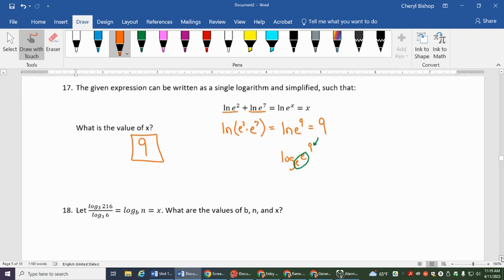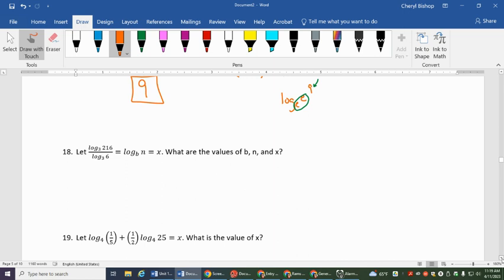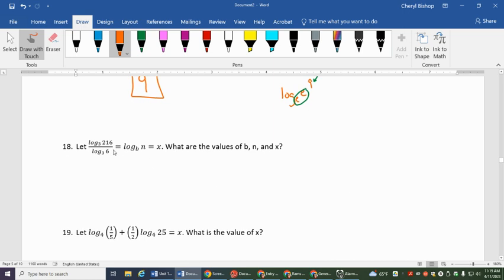All right, let's look at 18. So this I can see is my change of base rule. My change of base rule. And I can see that these both have the same base. They're both base 3.